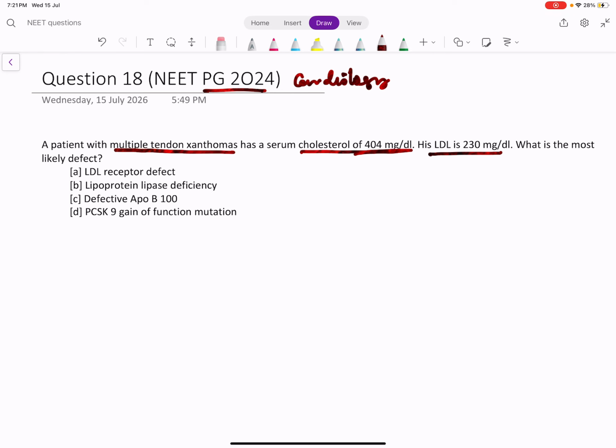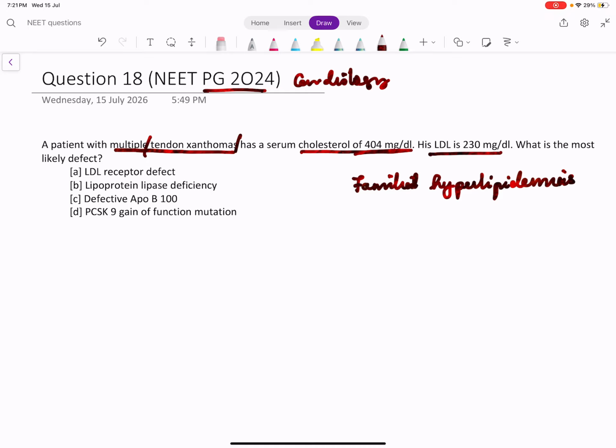So you can find the answer from many of the clues here. Tendon xanthomas. You would have heard about the classification of familial hyperlipidemias. So lipids are of various types: VLDL, LDL, IDL, HDL, and triglycerides.